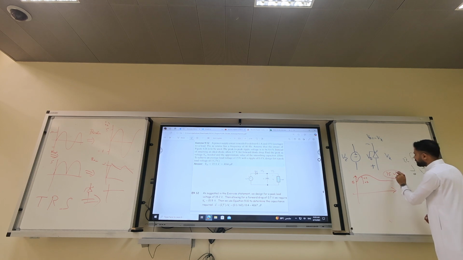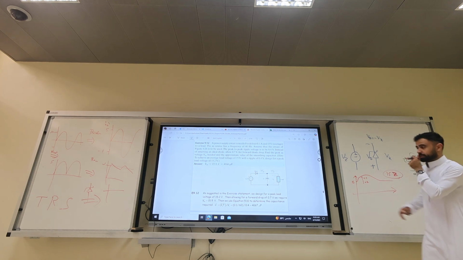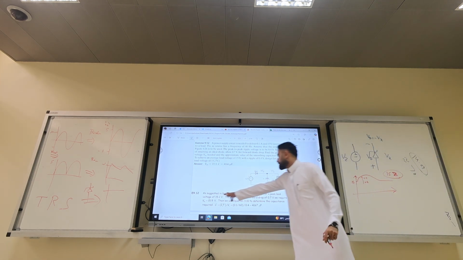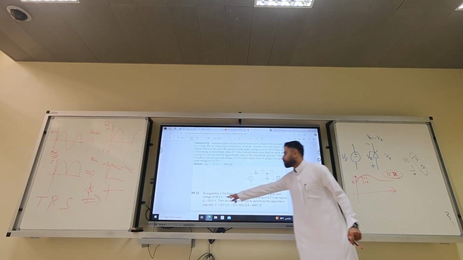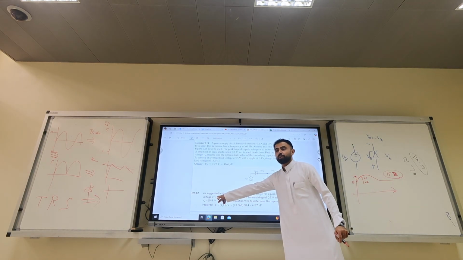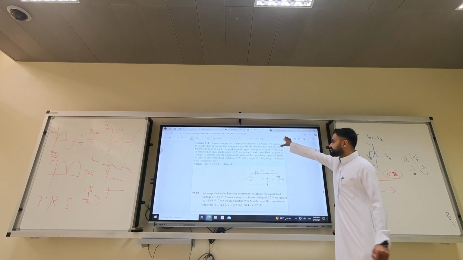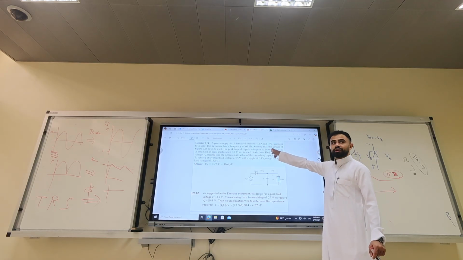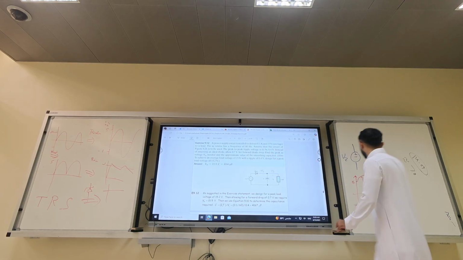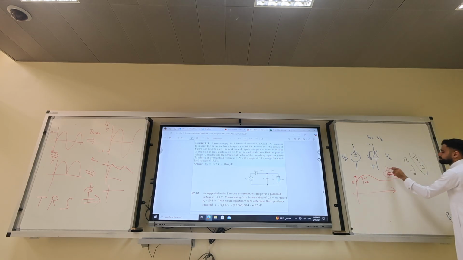So 15.2, I'm sorry, 15.2. So as suggested in the exercise, we design for a peak load of how much? 15.2. The AC is 15, but you have 0.2, half of the ripple will go up. So 15.2.